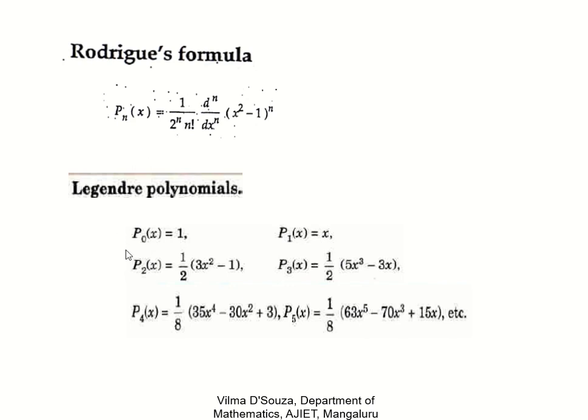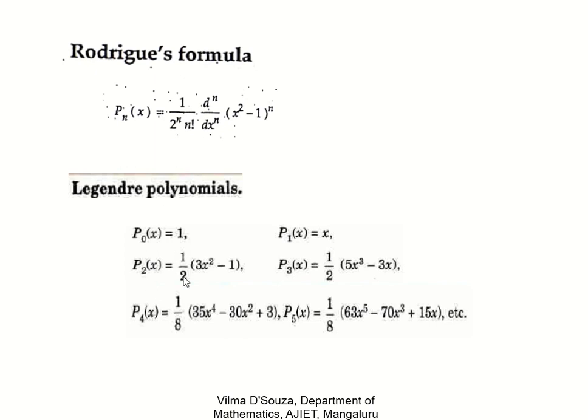Now when n equal to 2, 1 by 2 square, that is 4, into 2 factorial, that is 2, into d square by dx square of (x square minus 1) whole square. Find the second derivative, substitute here and simplify.